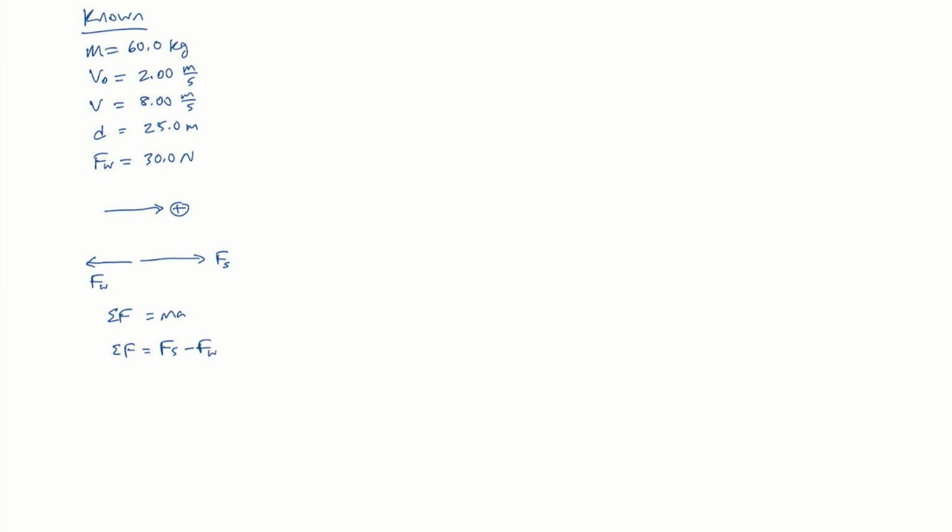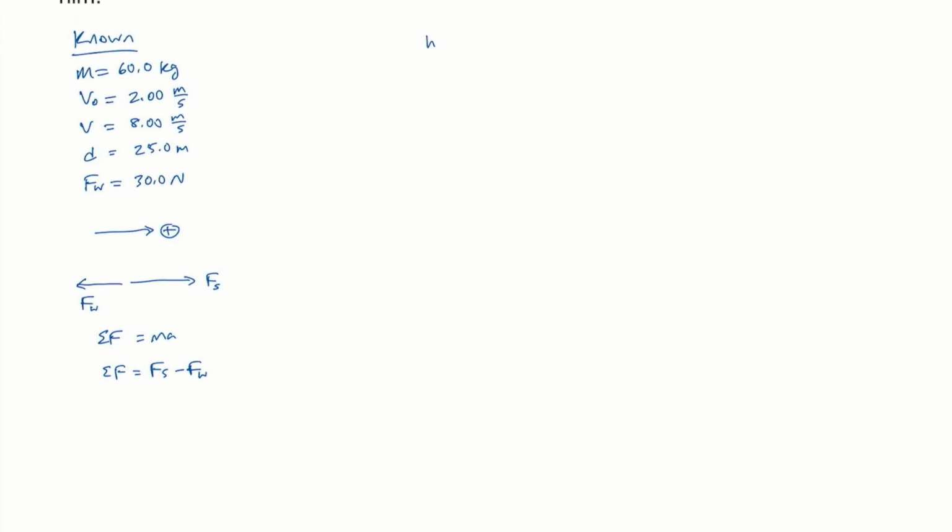Okay, and so now we can use the work-energy theorem. Work is equal to the change in kinetic energy. So that means work is 1/2 m v final squared minus 1/2 m v initial squared.